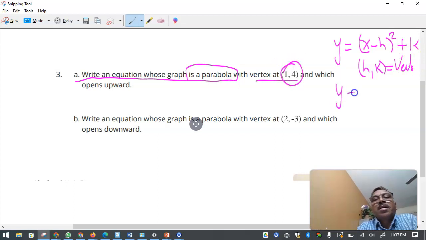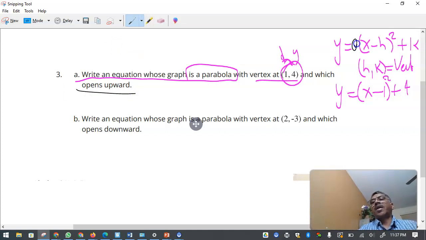So y equals x minus 1 the whole square plus 4. You're done. But one more thing is, because it's upward, you also have to write a here. So now this a is positive.